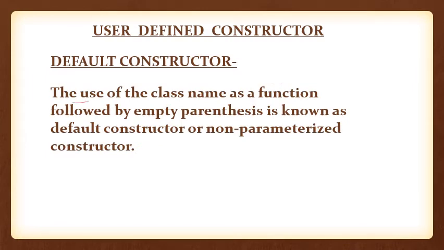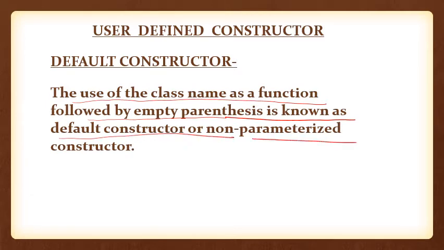The use of the class name as a function followed by the empty parenthesis is known as a default constructor or non-parameterized constructor. A constructor function that takes no parameter is known as a default constructor.